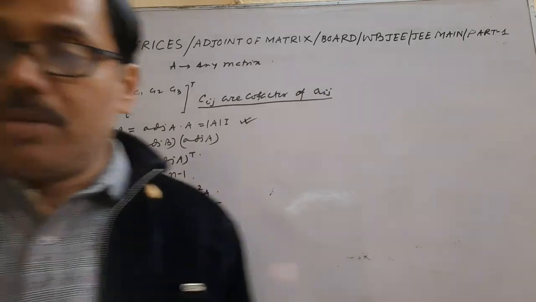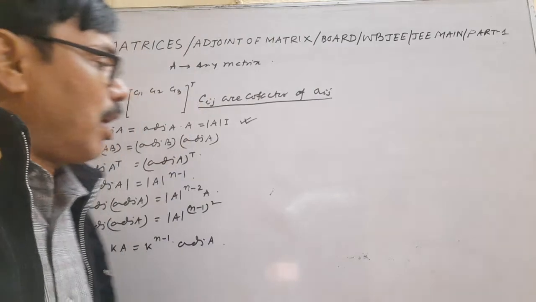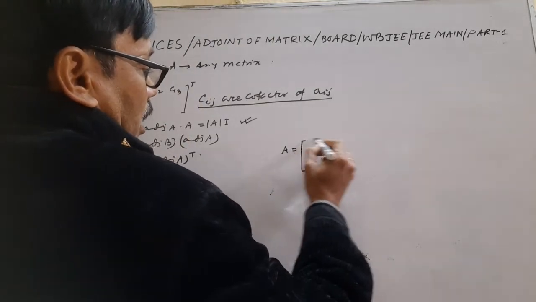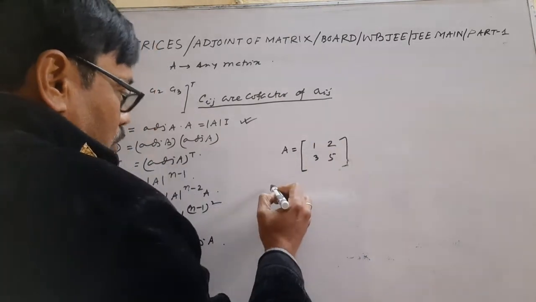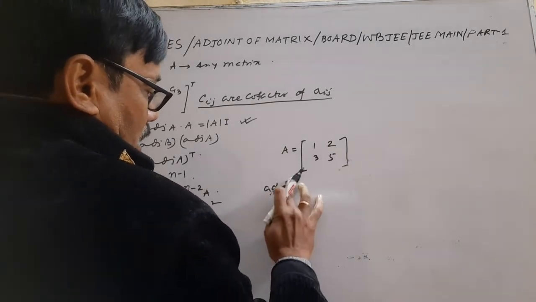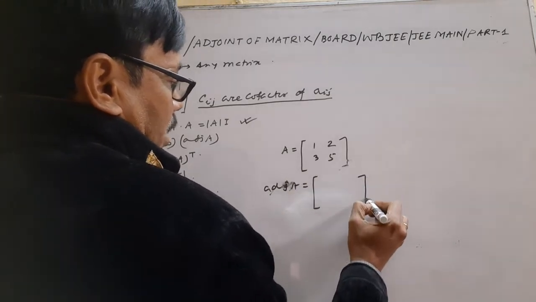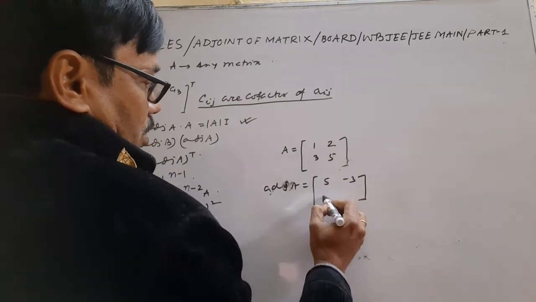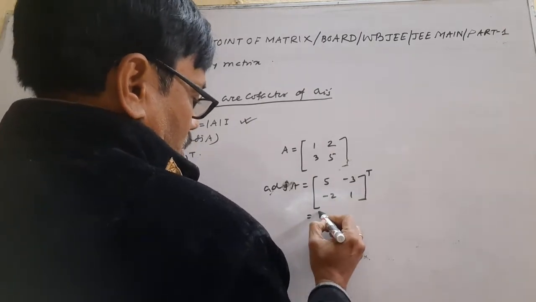We know matrix multiplication is not commutative in general. But if we take a matrix A, suppose second order, 1, 2, 3, 5, and we find the adjoint of A, this is 5, this is minus 3, this is minus 2, this is 1, then transpose.